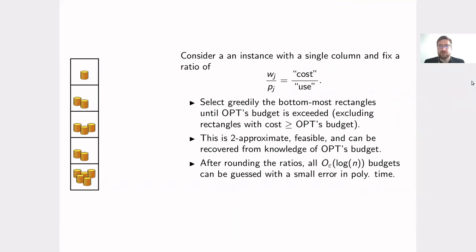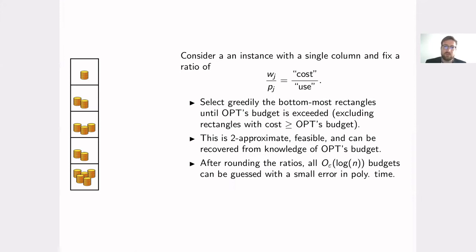I will now give you an idea of how we solve this kind of problem. And we will start out with a trivial special case. Let's say there's only one column, and we have various squares in this column. Let's further select only those squares corresponding to a certain ratio of wj over pj.